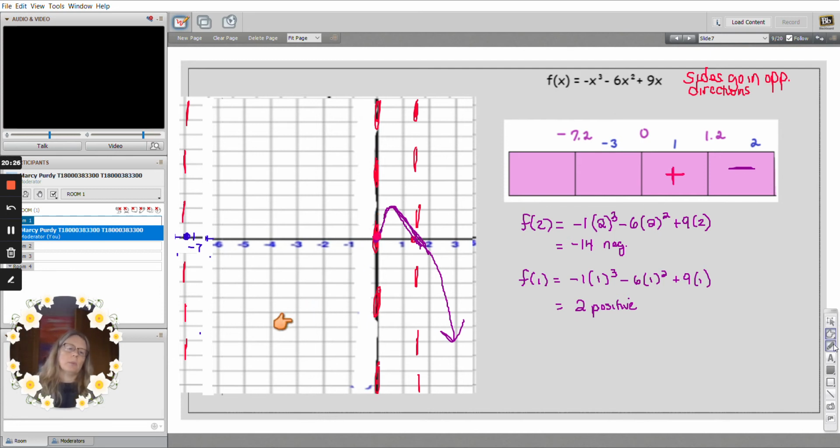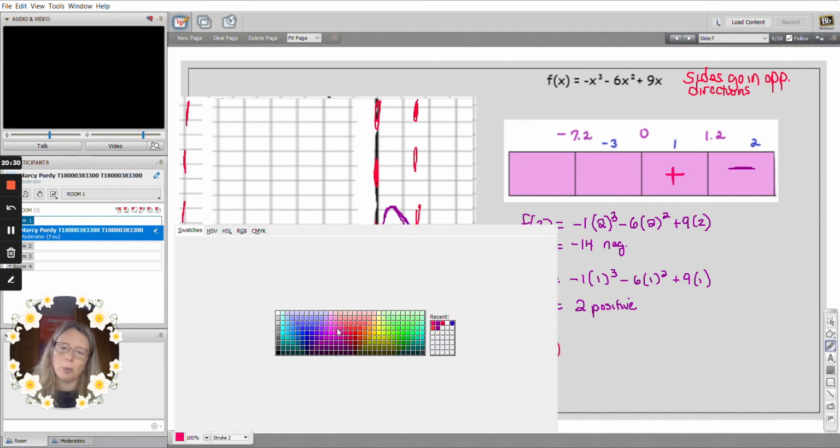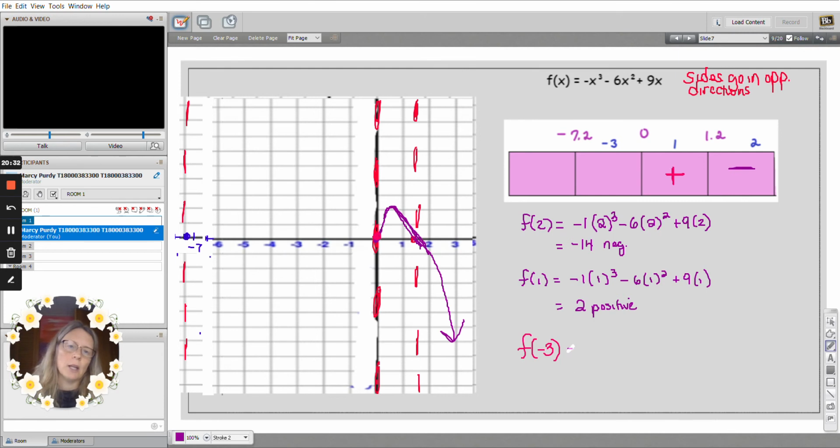So that's why you're going to plug in -3 to figure it out. So when we plug in -3, now this is where it gets tricky because there's already a negative in front of the x cubed. So keep it -1 times -3 to the third minus 6 times -3 squared plus 9 times -3. So when we figure that out, we get -54, which is negative.